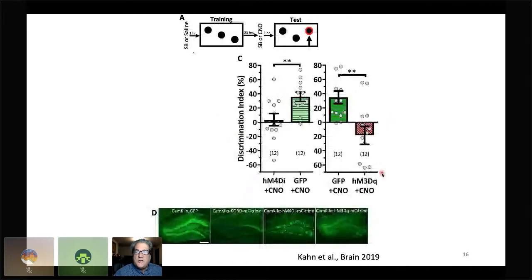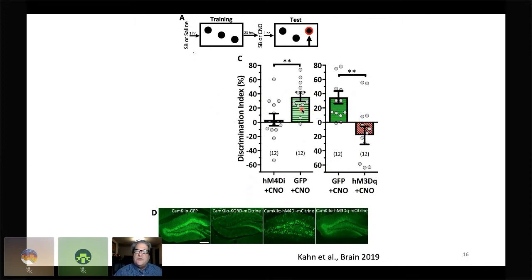What about control granule cells? Well, control granule cells in control mice, they're able to discriminate very well. So here in the two GFP CNO traces, they can discriminate the moved object from the stationary object. But if we mimic epilepsy and increase excitability of the granule cells using activation of hM3Dq, the depolarizing one, you can see that these animals no longer can make that discrimination.